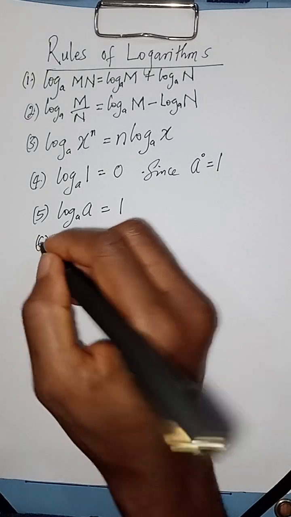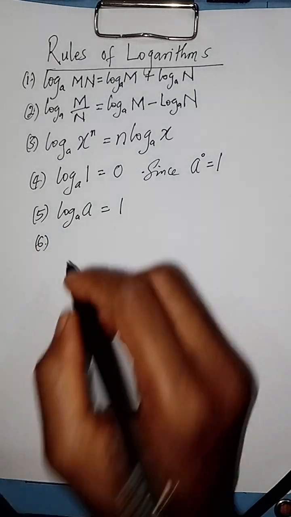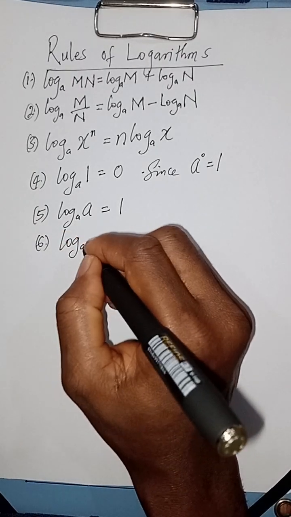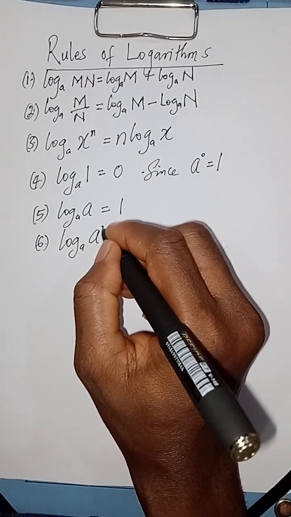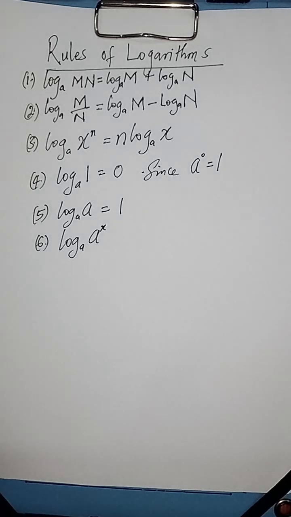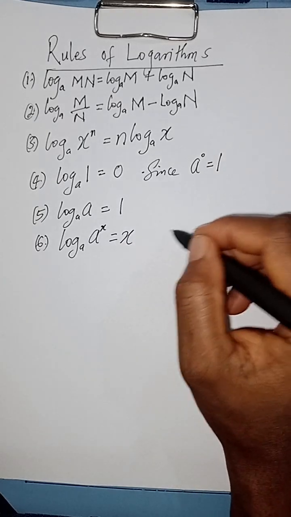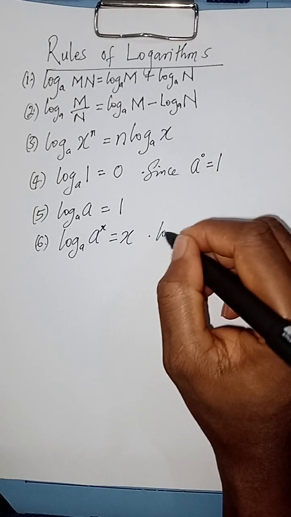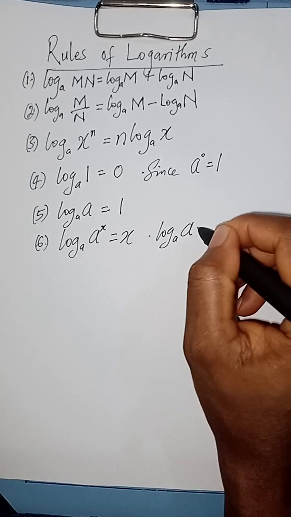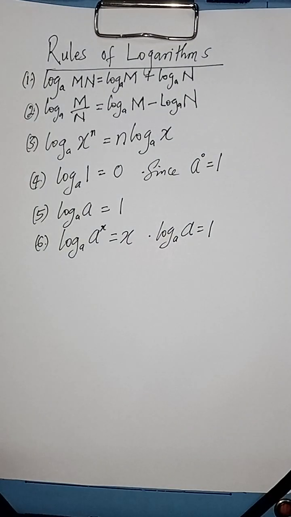Rule number 6, if I have log a raised to power x to base a, this is equal to x. It is so because log a to base a is equal to 1.